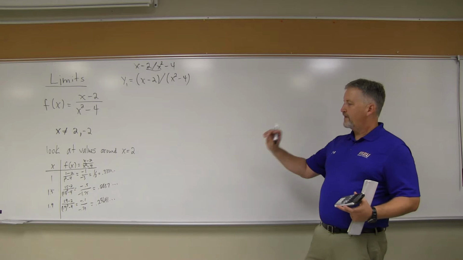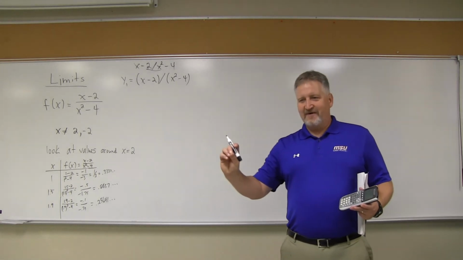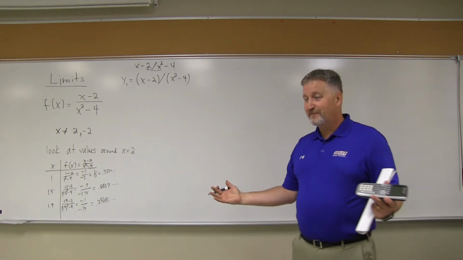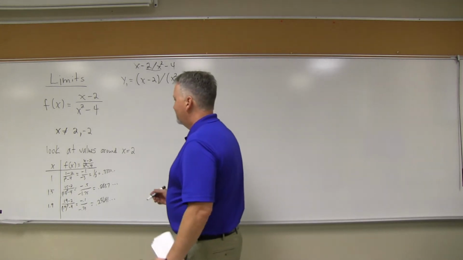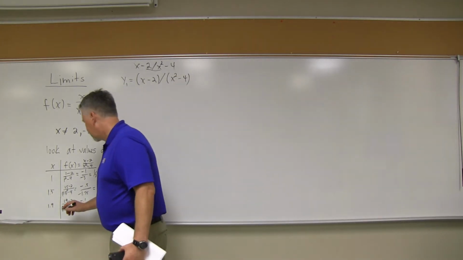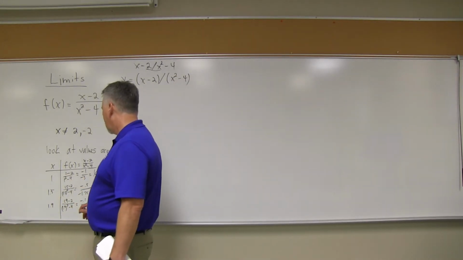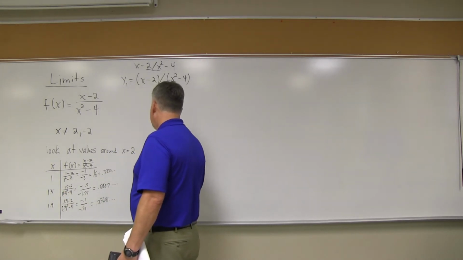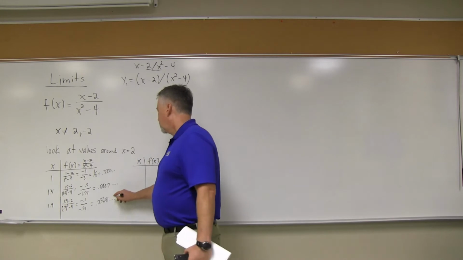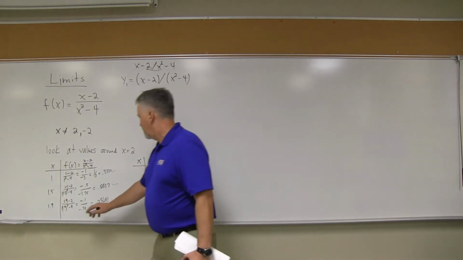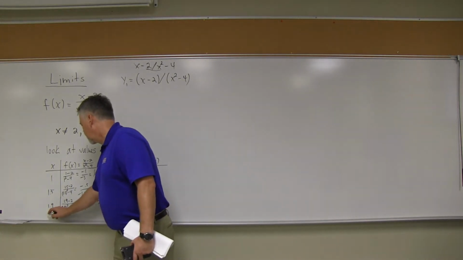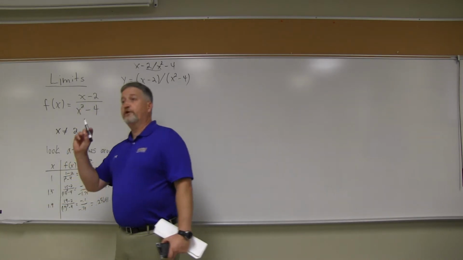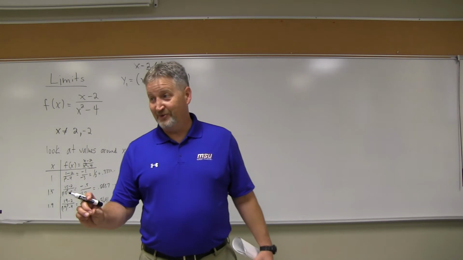All right, the nice thing about it is now I can do even more values very quickly. I did leave myself enough room, because I'm probably going to do, let's just move over here. Well, I'll do one more down here. So I want closer than 1.9 to 2.